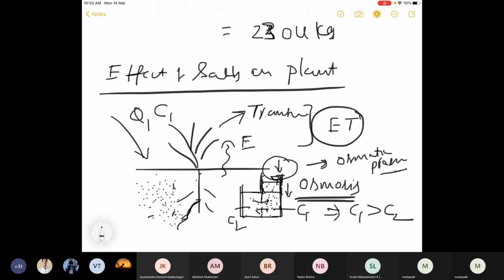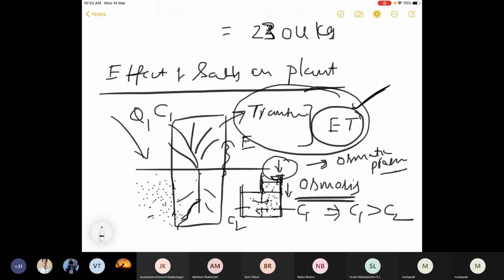There are two things here. The atmosphere acts like a pump, because atmosphere is demanding ET because of the temperature, humidity and all. It's like there is a system and someone is pumping, and here the soil is working in reverse.